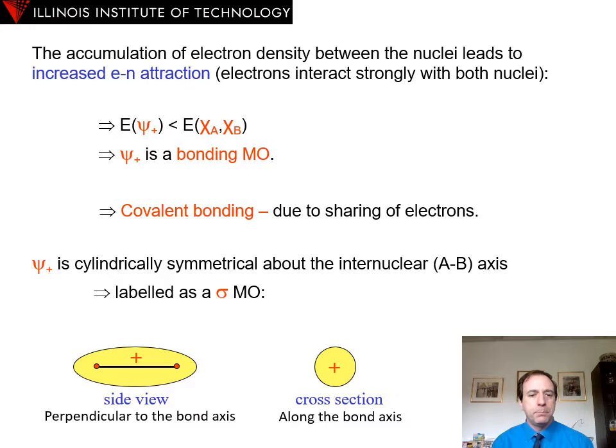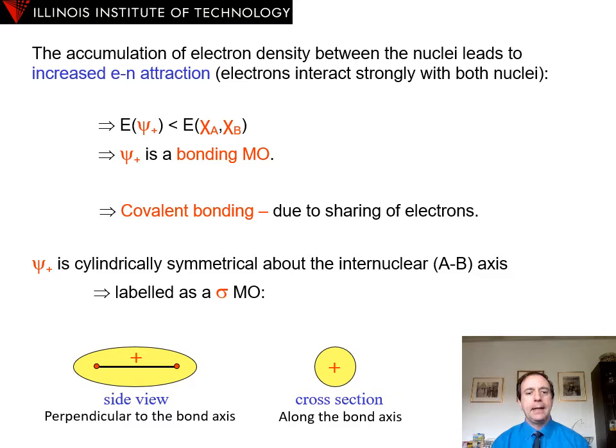So on the bottom left-hand side of the slide, we see the side view, right? That's the positive sign of the wave function. It's now overlapping completely, and we have this oval type wave function because it's all bonding, all positive amplitude of the wave function.